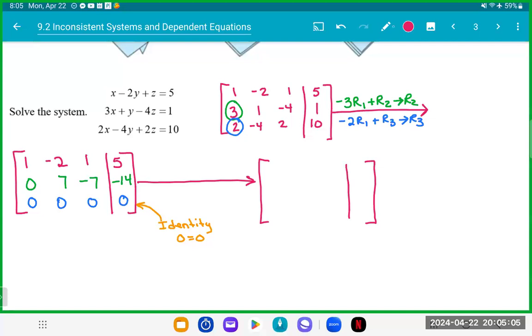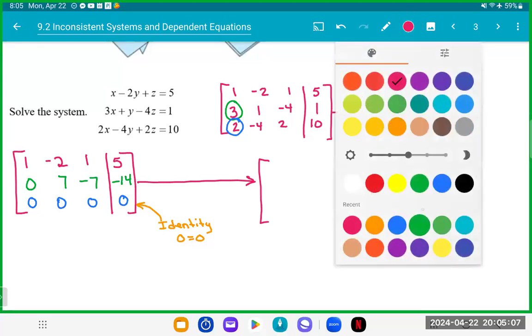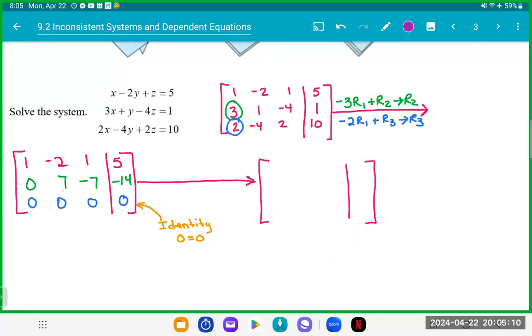So now we want to get this 7 here as a 1. So that is really just 1/7 row 2, replace row 2. So our row 1 and 3 stay the same. So 1, -2, 1, 5.